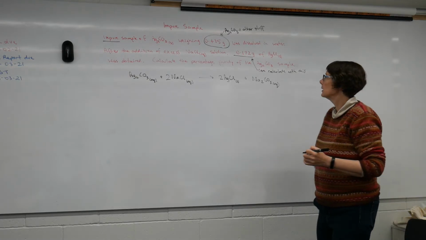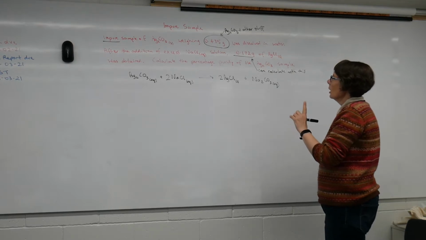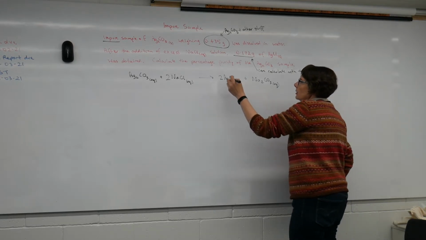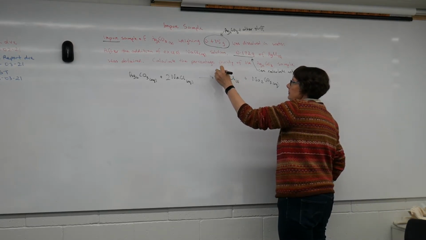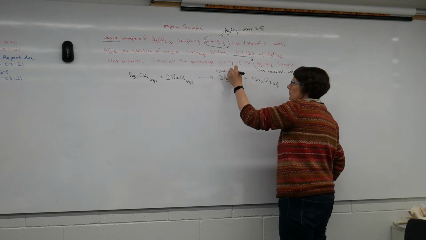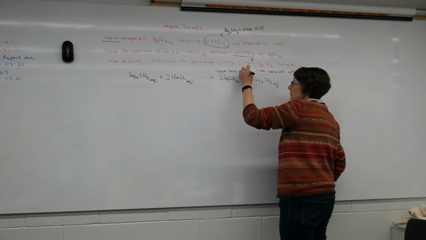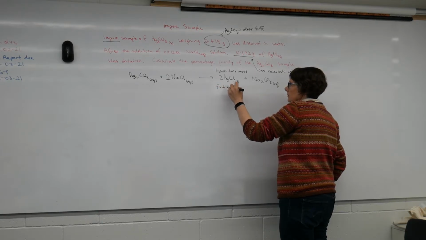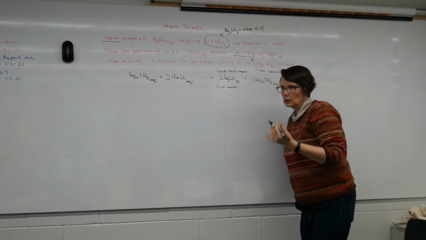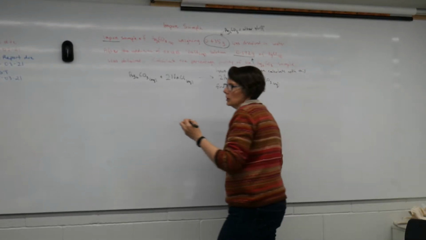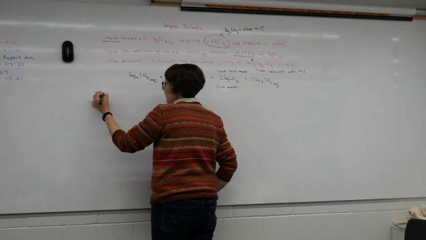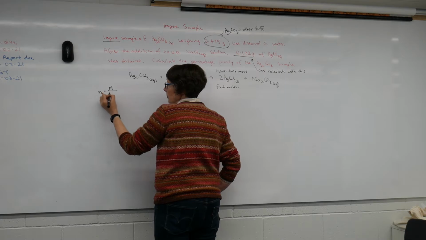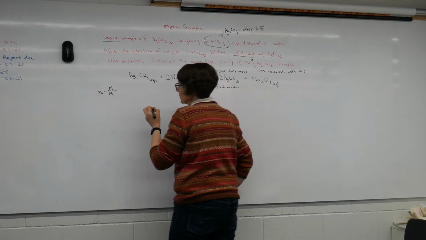Yep. Okay. I need to now find, because I have the mass of this one, I want to find the moles. The only way in is through moles, and remember that my moles is equal to my sample mass divided by my molar mass.